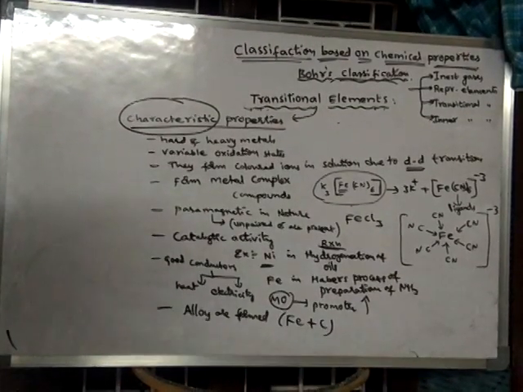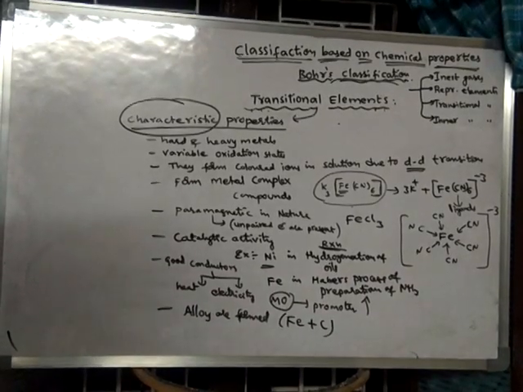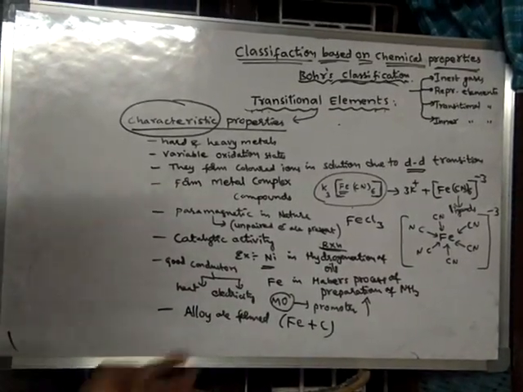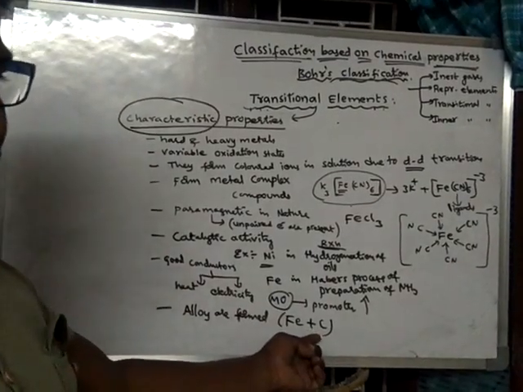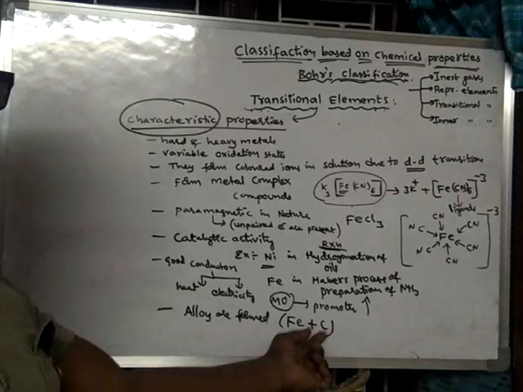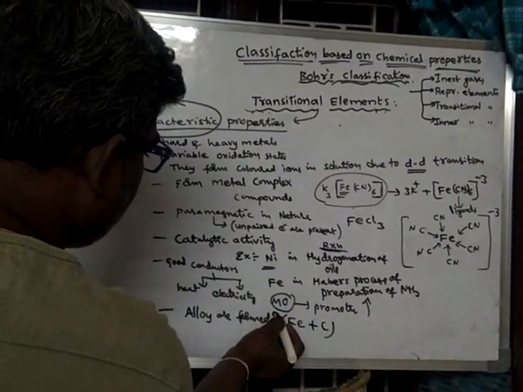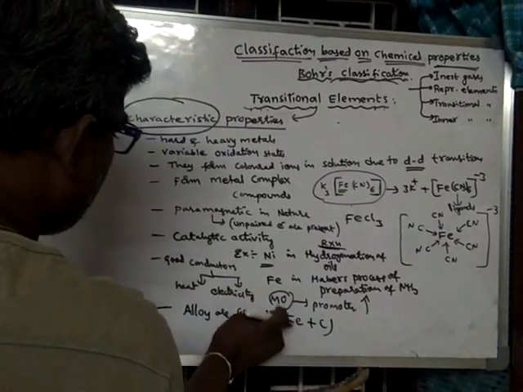That is why iron is not used. Instead of iron, steel is used. What is steel? Steel is a mixture of iron and carbon. So it is an alloy. This is an example.